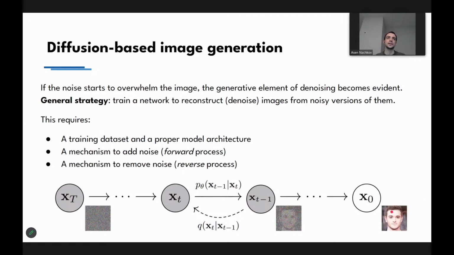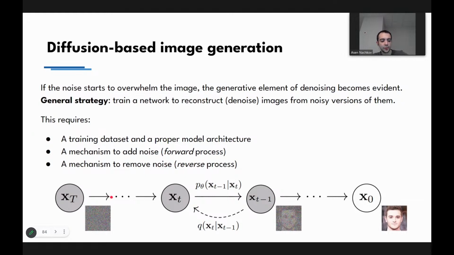If we start from a noisy image like this, where you can still see the outlines of an object, like in this case, a person, then it's still generating a clean image. That's what we expect from the model. And if we start from something where the noise completely overwhelms the image, then it should be able to generate images which are entirely consistent and more diverse with this initial noisy image.